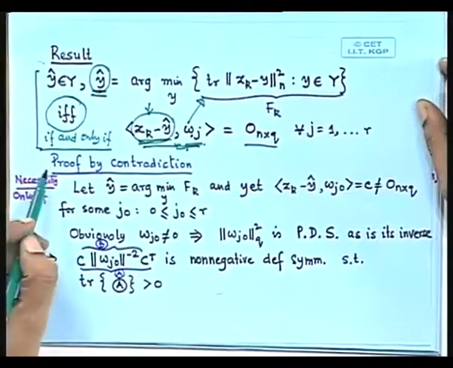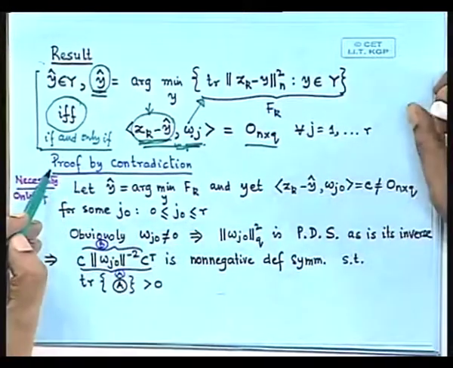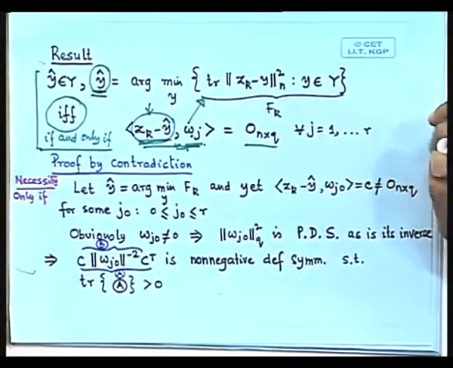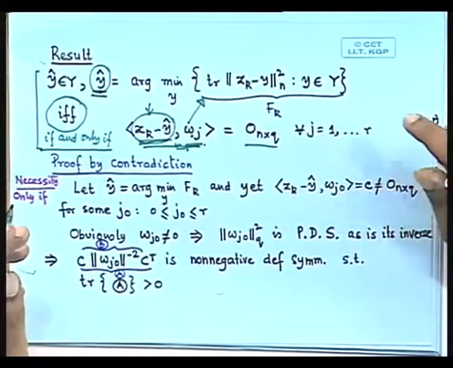I also decided to discuss the proof because this is a proof by contradiction. You must have seen proofs by contradiction, where you first assume that the theorem is wrong, and then you arrive at some obvious fallacy, like maybe the sun rises in the west.